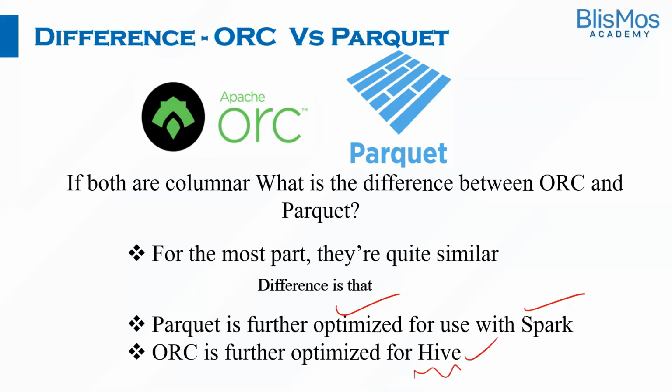That is the only difference. When you read and write data from a Parquet file format in Spark, it has better efficiency as compared to reading and writing an ORC file in Spark. But on the other hand, if you look at Hive, ORC file format works best for Hive as compared to the Parquet file format.